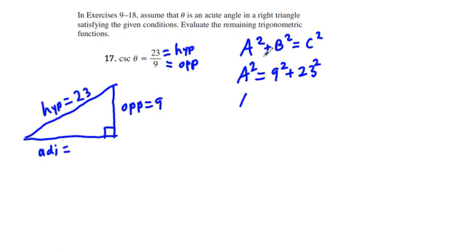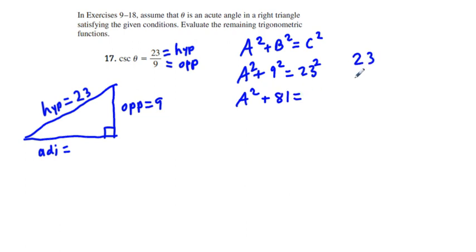What do we have to do, guys? I kind of got it wrong, don't I? Let me just rewrite this. a squared plus 9 squared equals 23 squared. So that's going to be a squared plus, and 9 squared is 81, equals 23 squared.